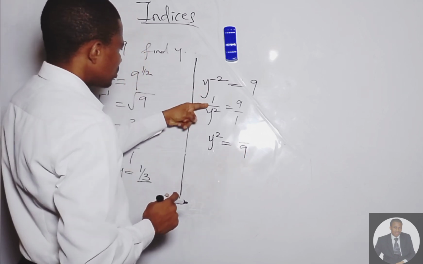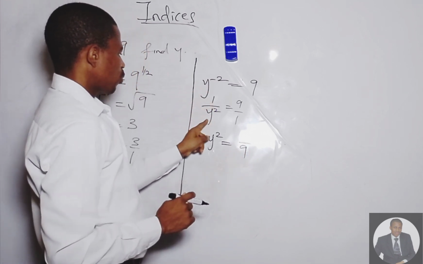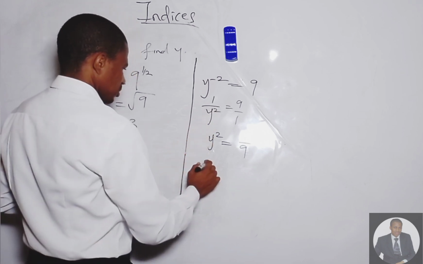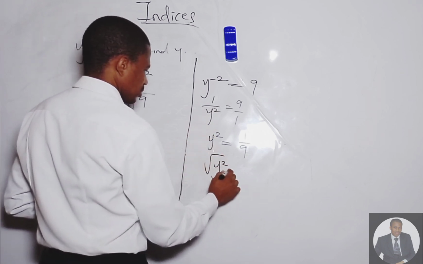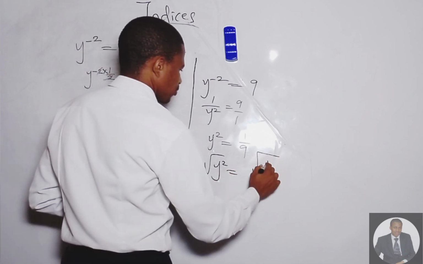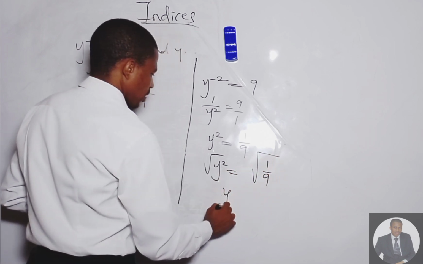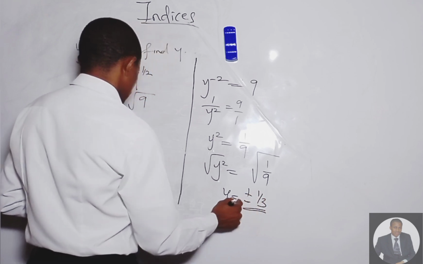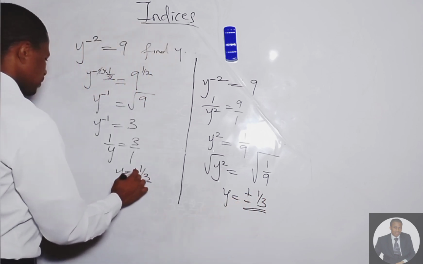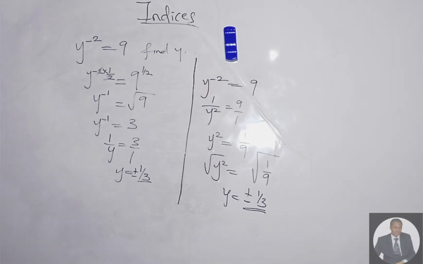Then we find the square root of y squared, then the square root of 1 over 9. So y will give us plus or minus 1 over 3. Any of the methods will apply.